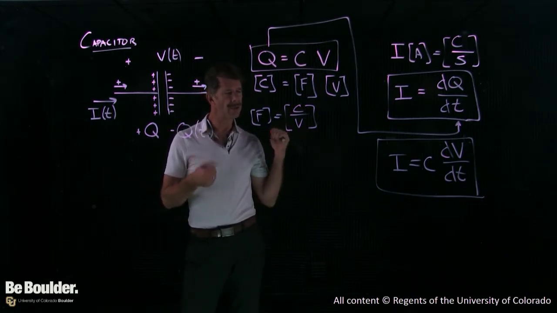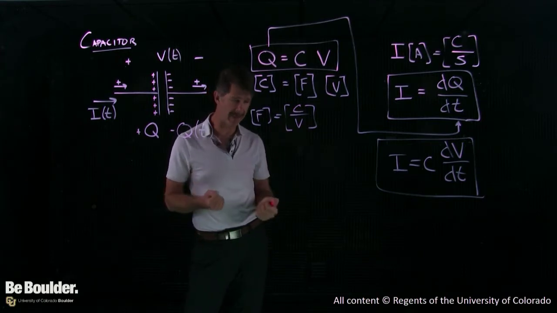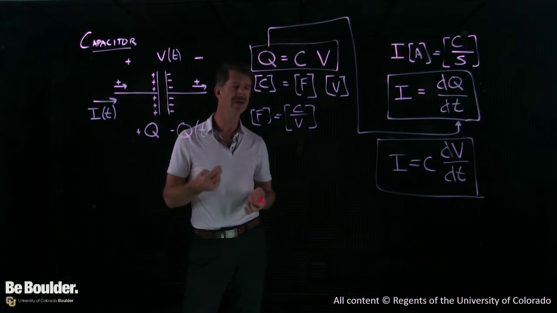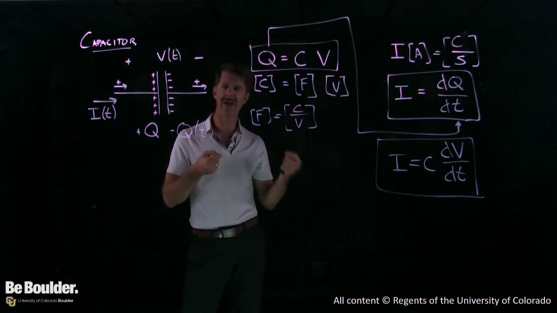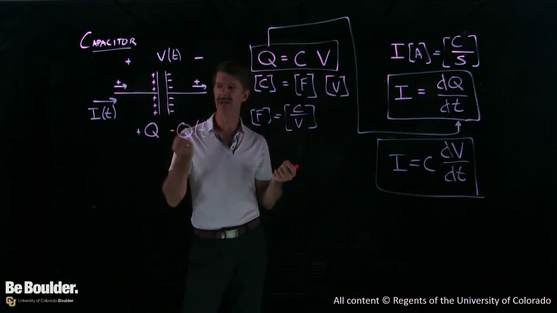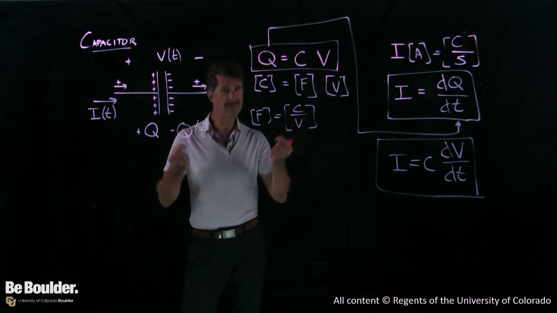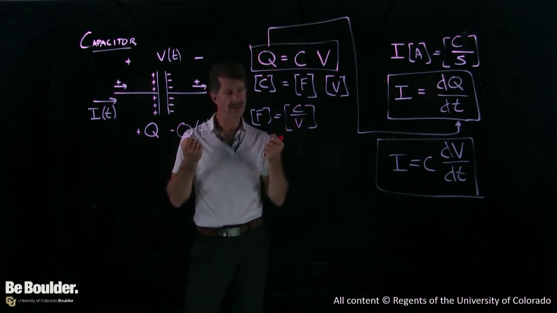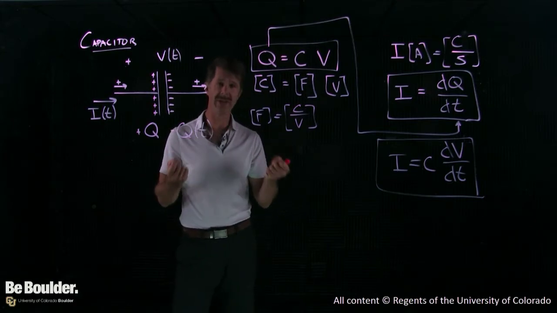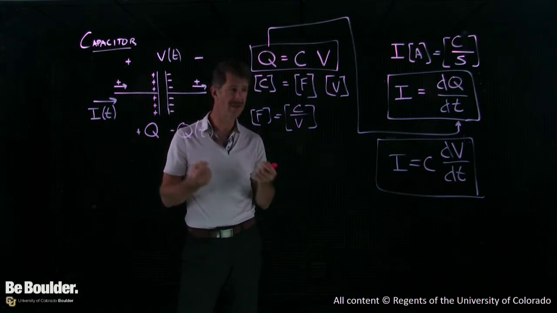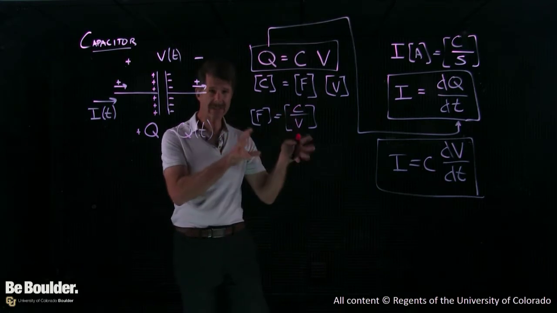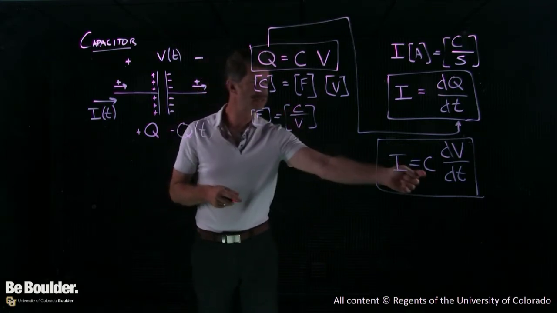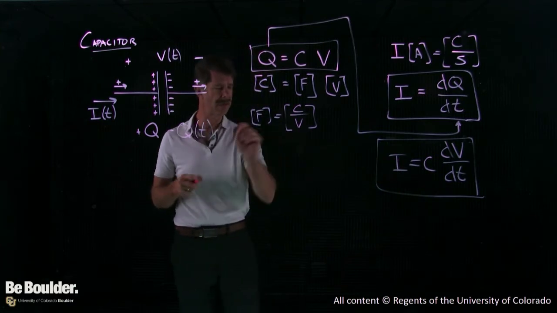And notice it's quite fundamentally different than a resistor. A resistor is an instantaneous relationship. V equals IR. And if you think of V and I being time-dependent functions, they would always be identical. They're different only by the proportionality constant, the resistance. For a capacitor, its current voltage relationship is related to this capacitance in units of farads.